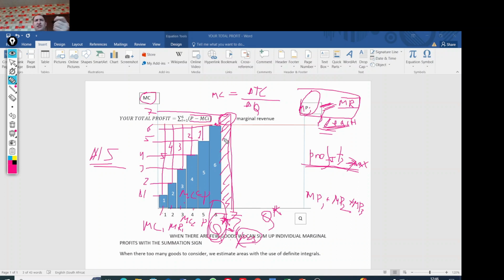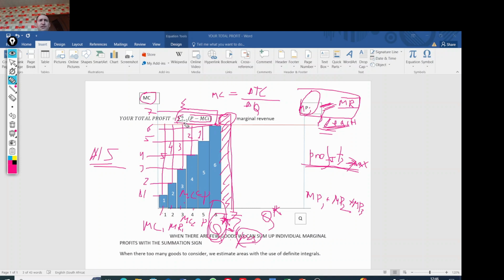Otherwise, just to abbreviate the notation, that's your marginal profit, the difference, right? You can just prefix that marginal profit with a summation sign, and the notation carries the same meaning.